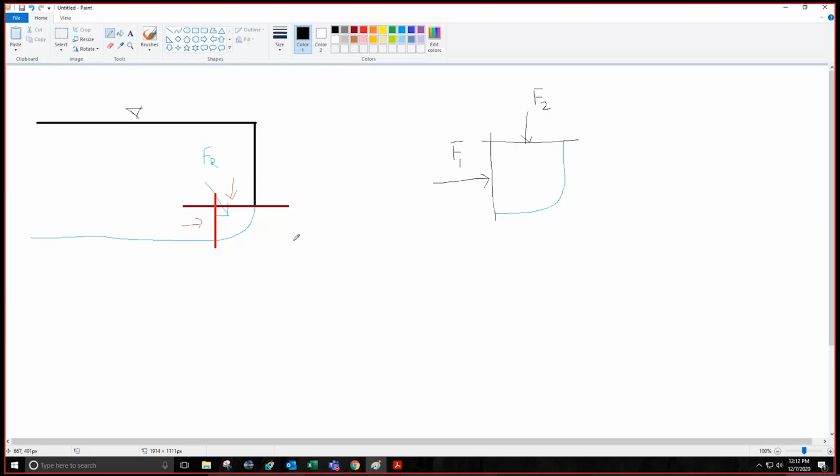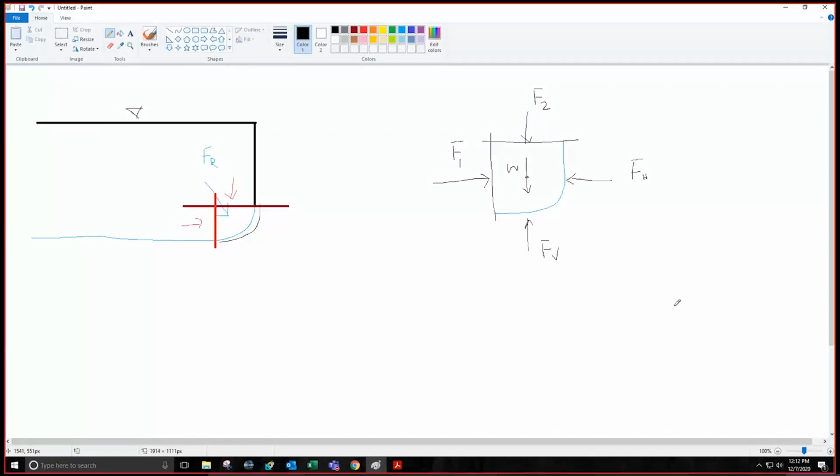Since this curved surface is interacting with some wall here, which is also curved, there will be a horizontal component FH of this wall. There will be a vertical component, and then there will be the weight of this fluid, which will be acting downwards through the centroid. Clear?